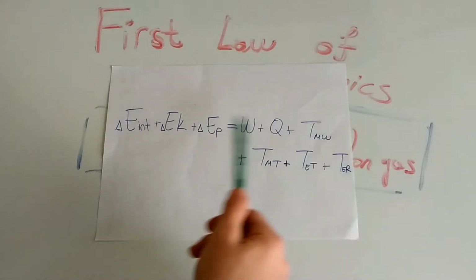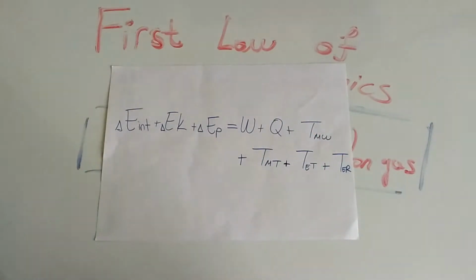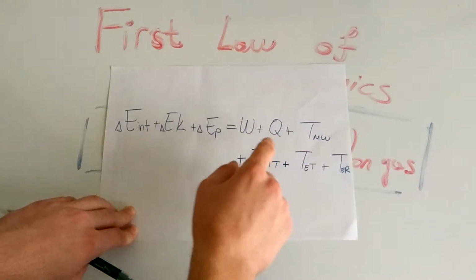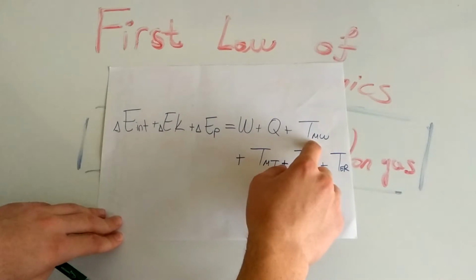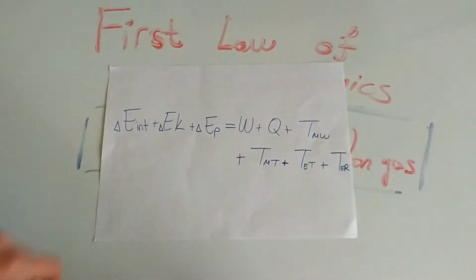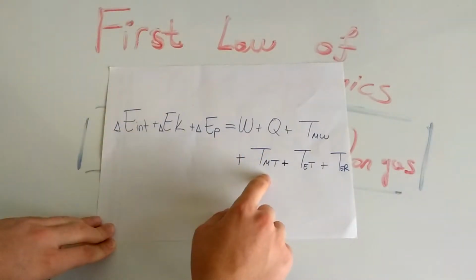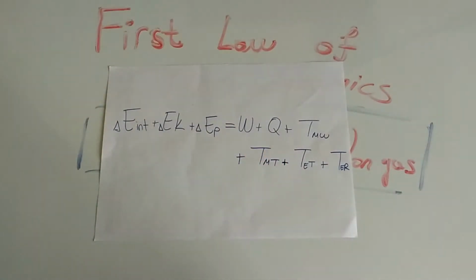Then we have work plus heat, plus now here T stands for transfer, in terms of transfer of energy. So the subscript MW stands for molecular work or mechanical waves, energy that's transferred through mechanical waves. Then T with subscript MT, MT stands for matter transferred.